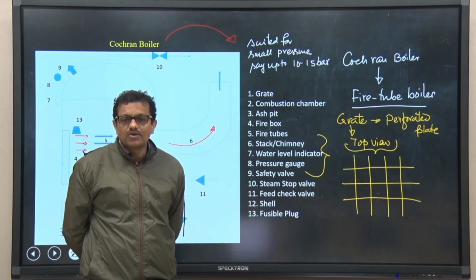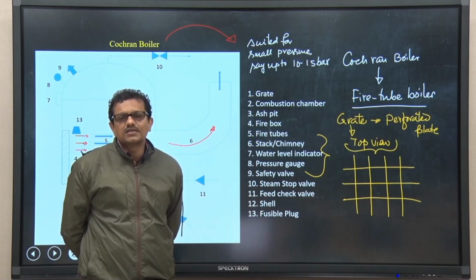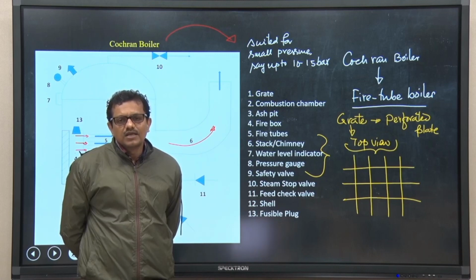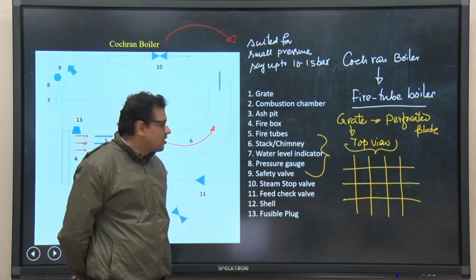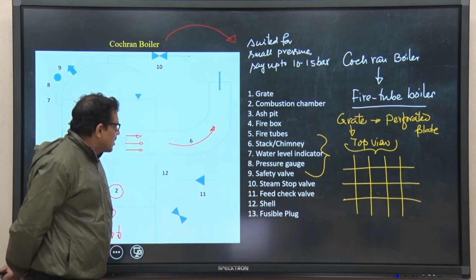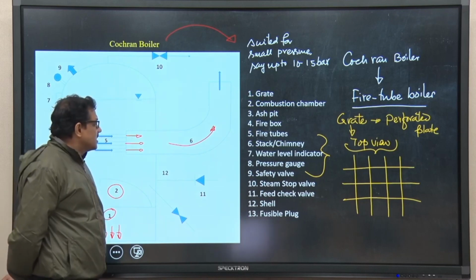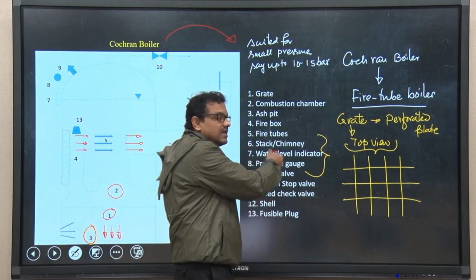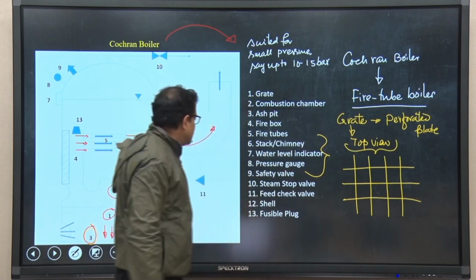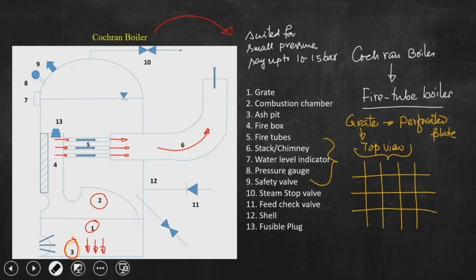Someone will be there to operate the boiler, and a very important part is the safety of the boiler, because if pressure increases beyond a threshold value, all components will start malfunctioning, and the shell will rupture. So, considering the safety of the boiler as well as its operator, these components are integrated. Sorry, I have written this is not chimney.